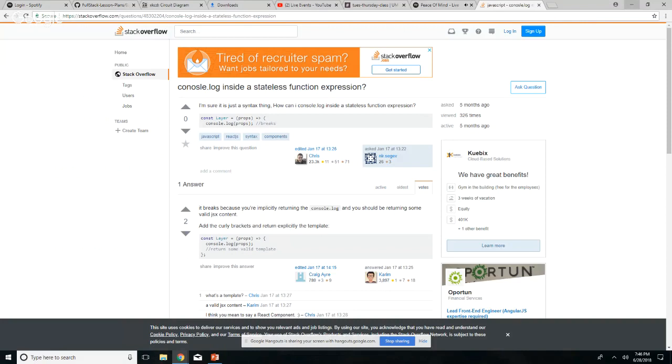Then just go all the way back and do everything inside there. Delete this, and put the curly brackets, and inside the curly brackets put open parentheses, close parentheses, equal sign, greater than, and then handleSubmit.